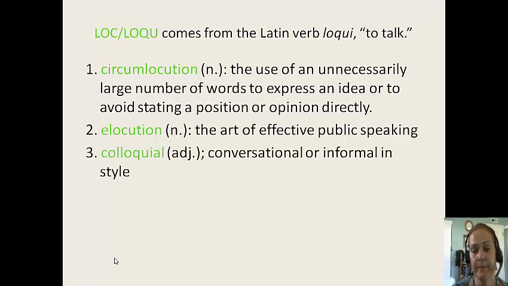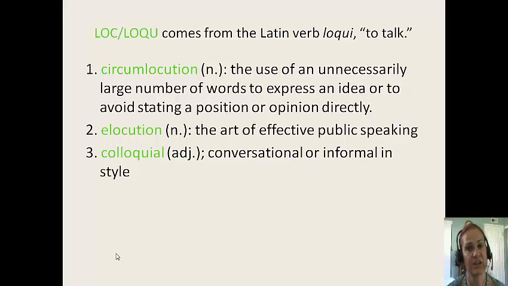Colloquial is everyday conversation. It's an adjective and it describes a type of speech. I think of the way you guys come into class and you're chit-chatting back and forth and throwing words around and talking in slang and so forth.